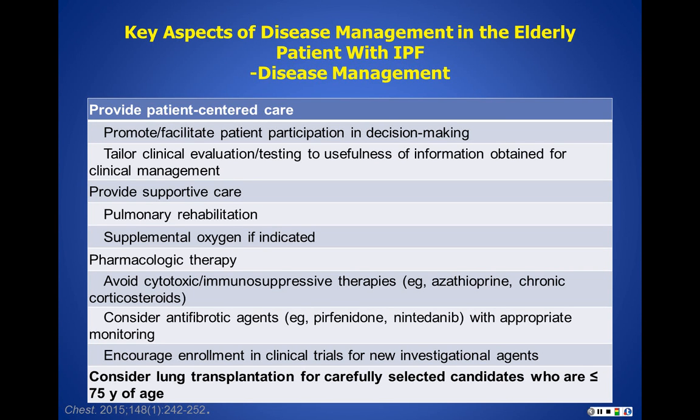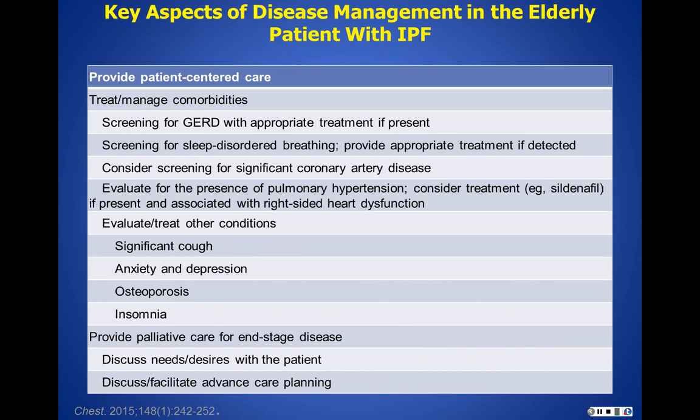Avoid cytotoxic medication. We talked about it. Consider these 2 medications, and you have to encourage them to participate in clinical trials so that we learn from these patients. And lung transplant is up to 75 years. I talked about all these things, but this slide summarizes everything, including the only thing I did not talk about, which is insomnia here.